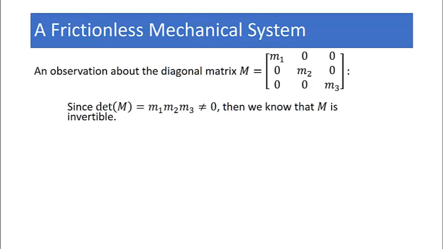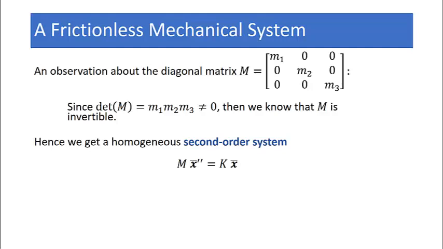Notice that the determinant of this matrix is just M1 times M2 times M3, which is non-zero since our masses are non-zero. And since the determinant of M is non-zero, that automatically tells us that M is invertible. So we get a homogeneous second order system, Mx'' = Kx.